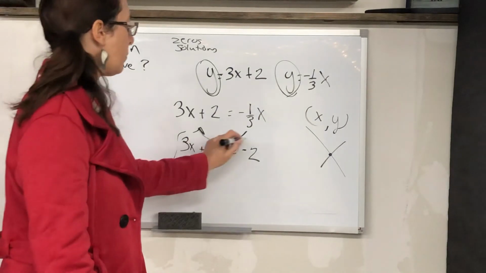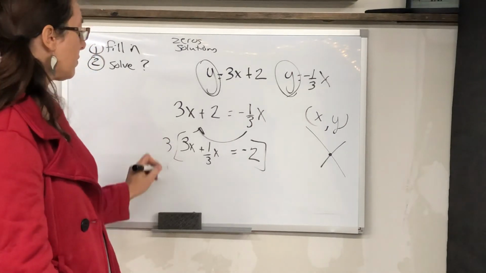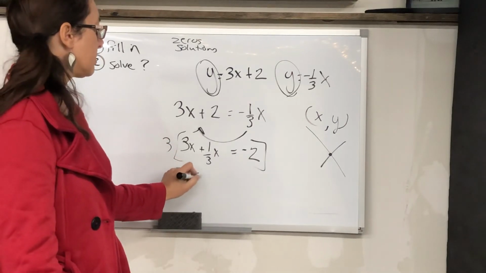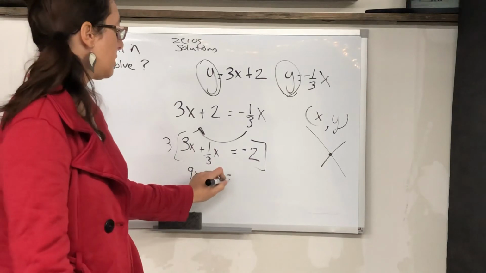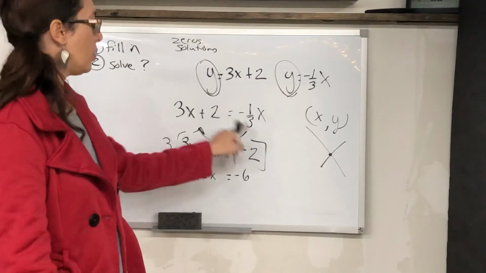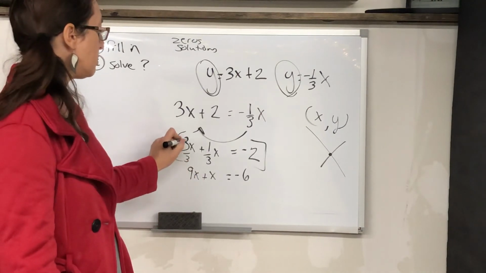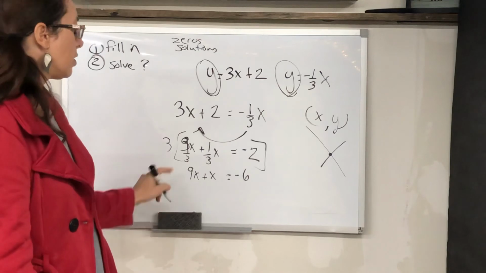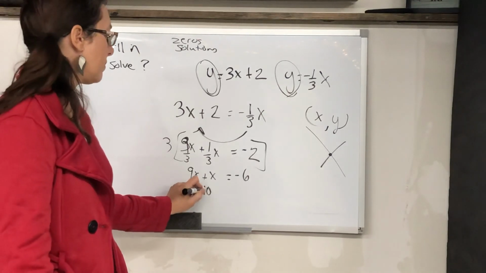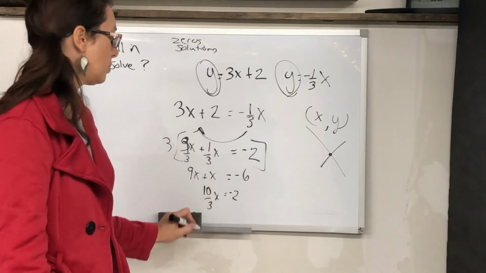If we clear the denominators, we multiply the whole thing by 3, so we have 9x plus x equals negative 6, because I distributed this 3 all the way across. If I wanted to combine them, I would need to change my 3 into 9/3, and I would end up with 10/3 x equals negative 2.